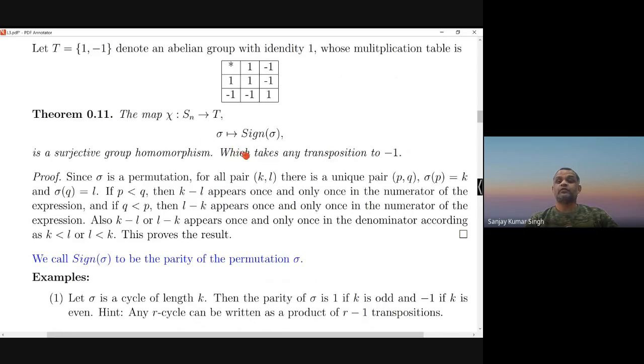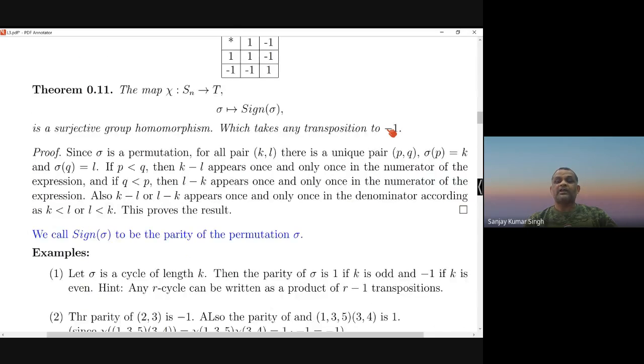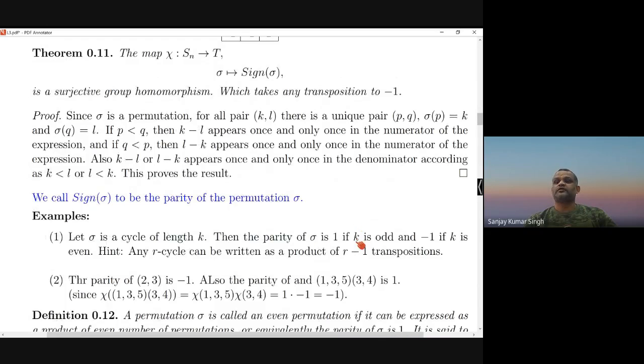And since it is a group homomorphism, the parity of a product is the same as the product of the individual parities. So now you have k minus 1 transpositions. So basically you are taking a product of k minus 1 transpositions. So now it depends on whether k is odd or even.